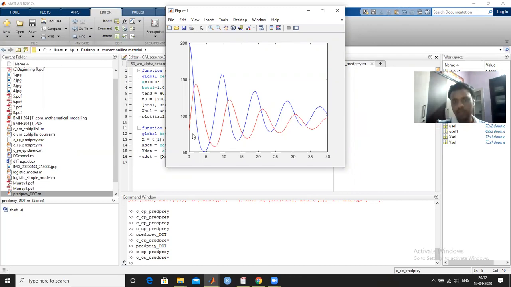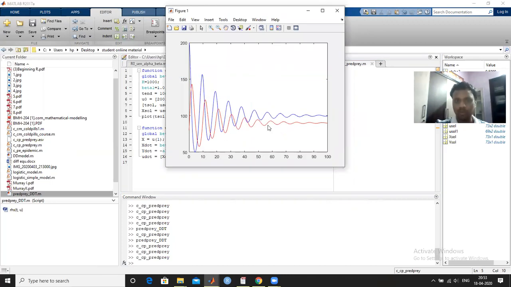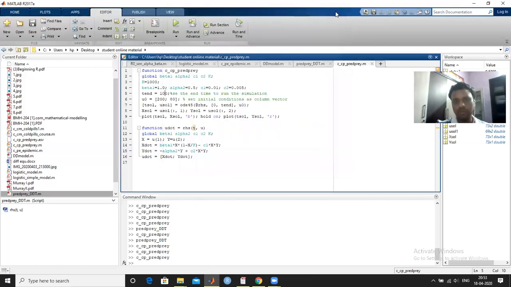If I increase it to, say, 100, the population was oscillating, but both populations will remain in the ecosystem at an almost constant level. So this is the real scenario for this model.